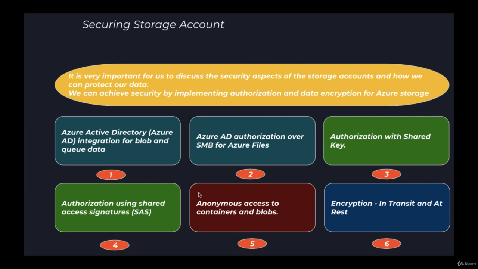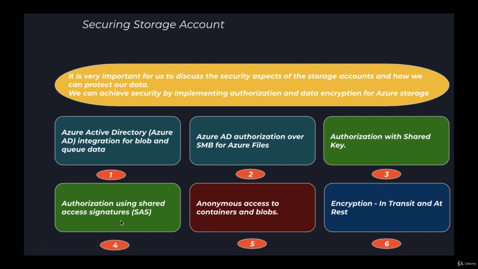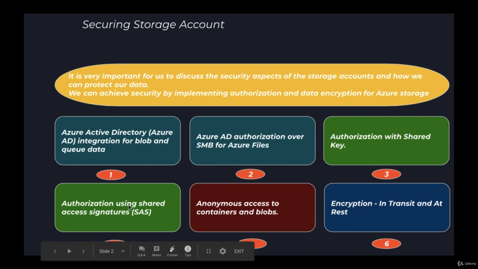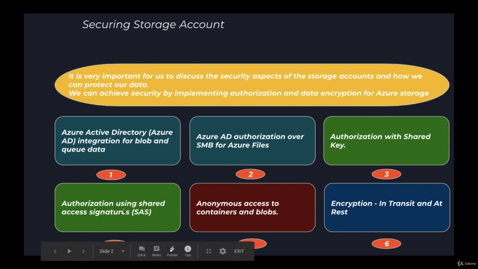But with the help of shared access signatures, we can provide the client the permission required only for a limited time, right? So let's say if someone is trying to upload content into your blob, you can grant them the right access just for, let's say, 1 hour, or depending on the size of data, how much time it will take, you can provide access on a timely basis.